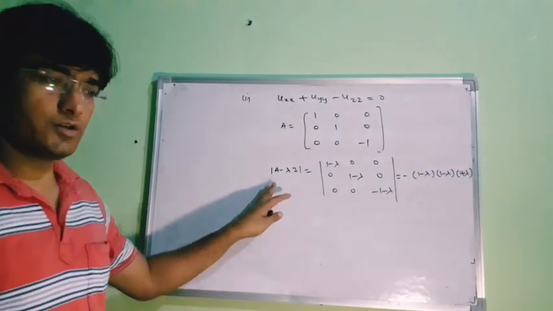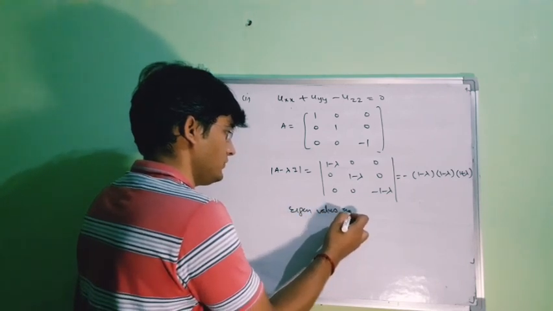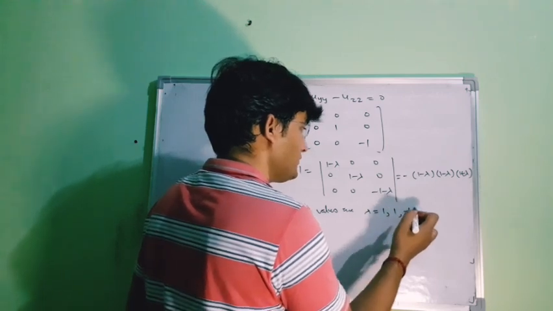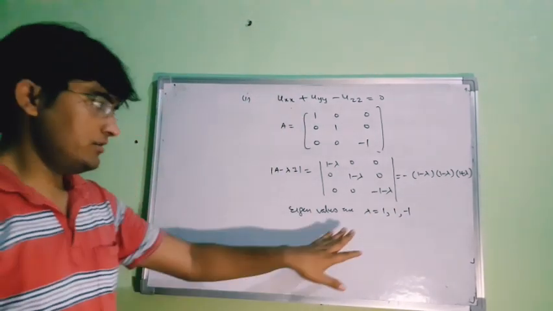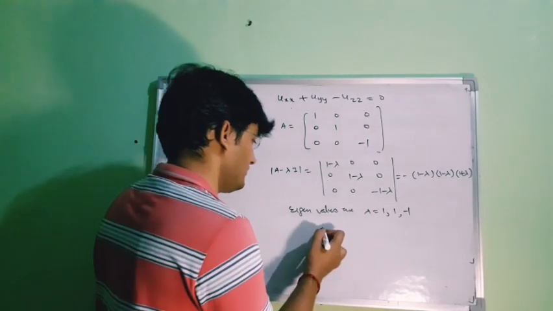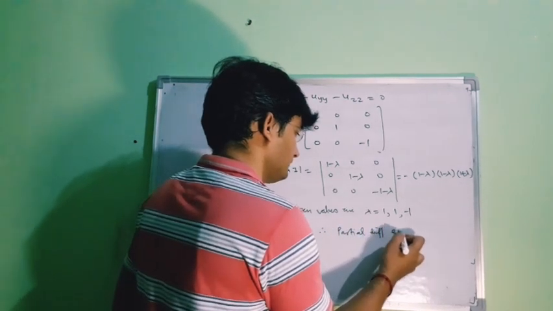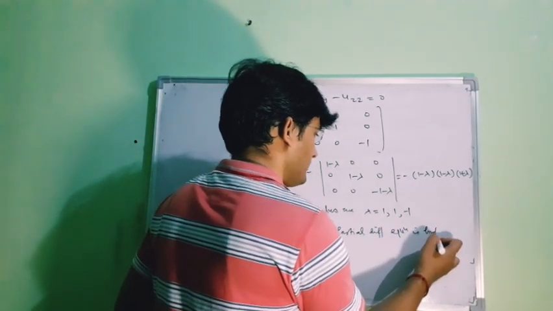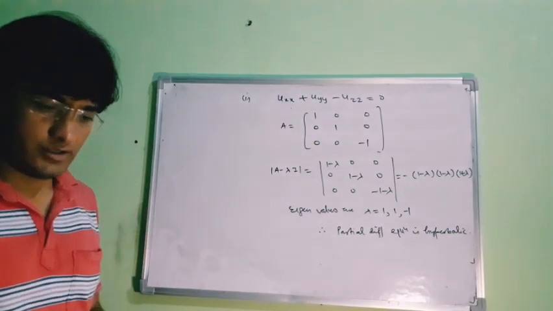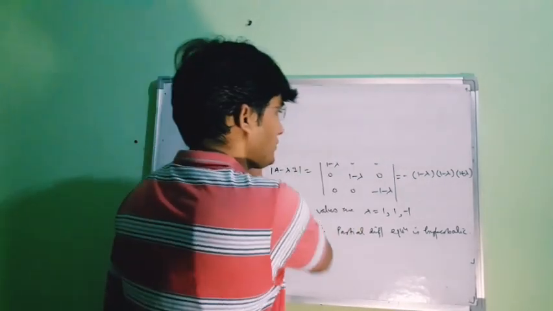This is your characteristic equation, so your eigenvalues are lambda equal to 1, 1 and minus 1. There is a change in sign in the eigenvalues, so your partial differential equation is hyperbolic, because for elliptic all the eigenvalues should have the same sign.